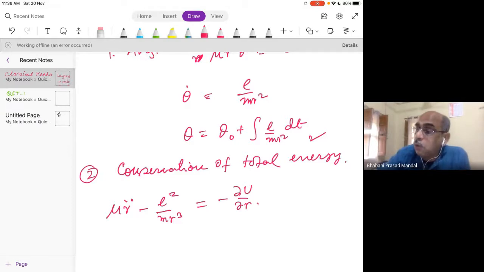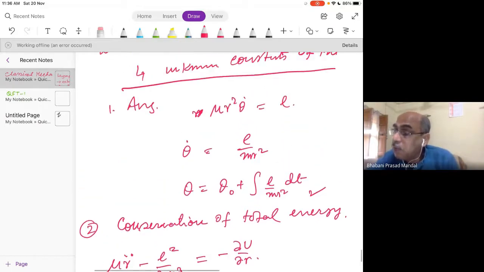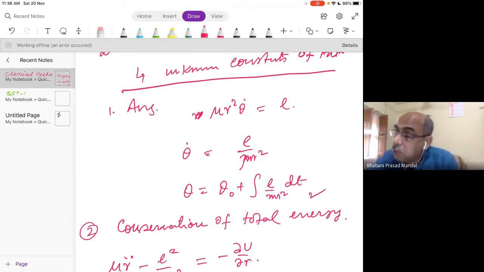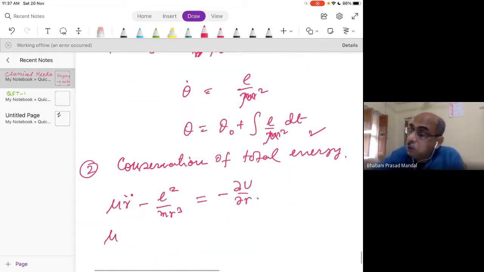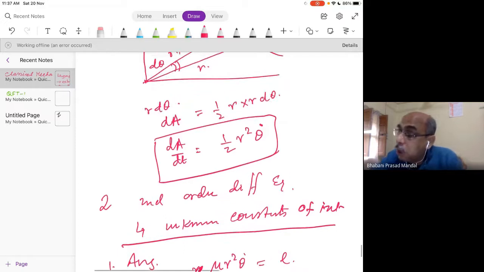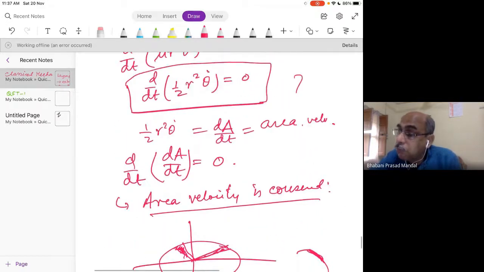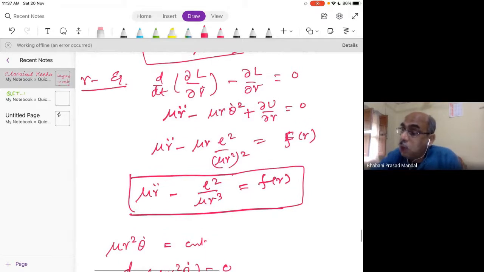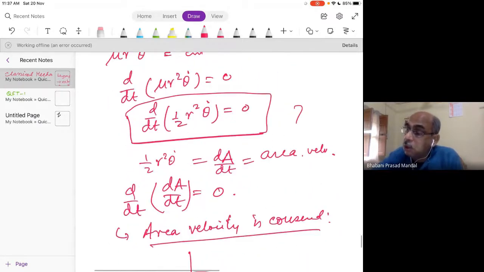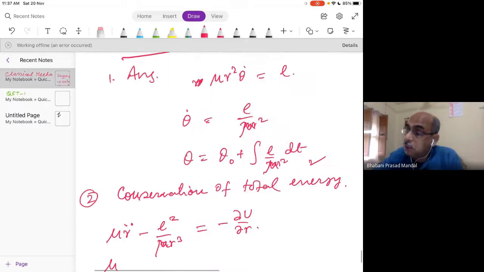So I want it in this form. I wrote m, but this is mu. This m is mu, this is also mu. So all are mu. In some books they just write m, but okay.